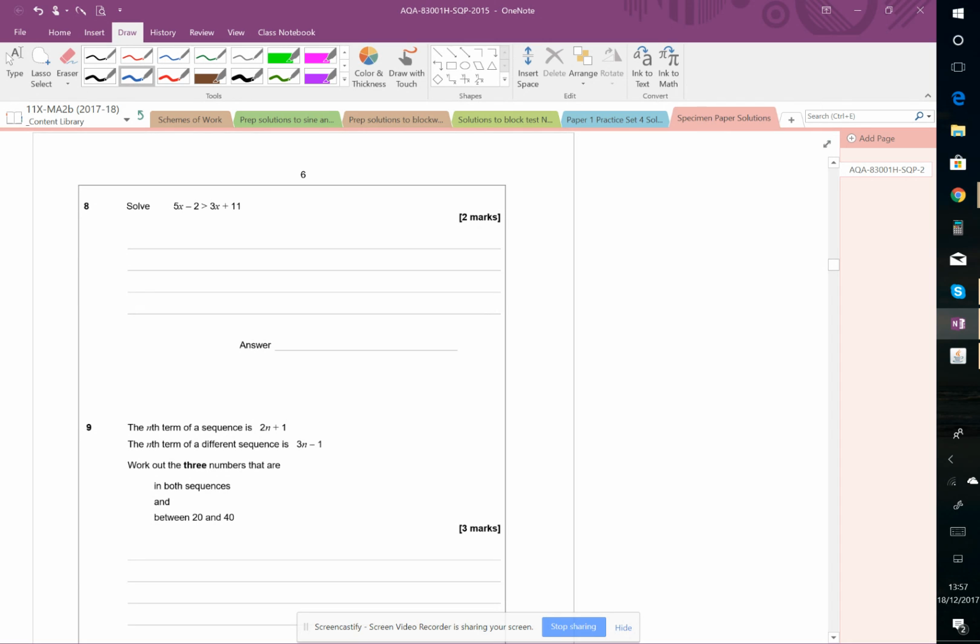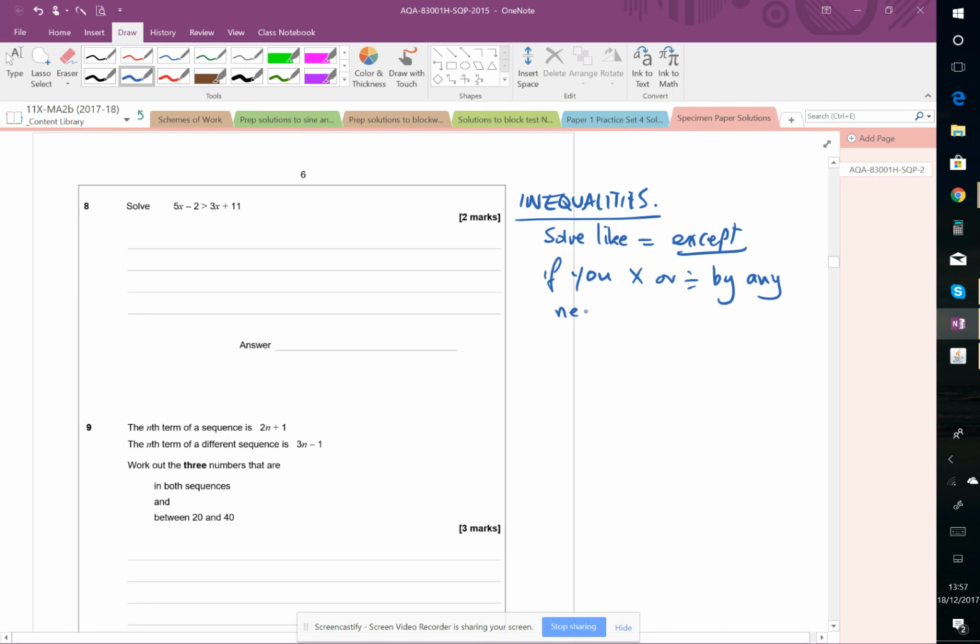Inequalities now. Remember, inequalities, you basically solve as if this was an equal sign, except you must remember, if you multiply or divide by any negative value, switch over the inequality sign.